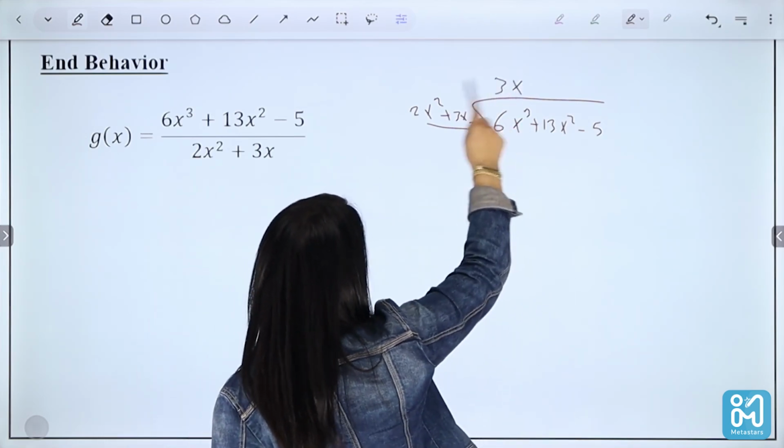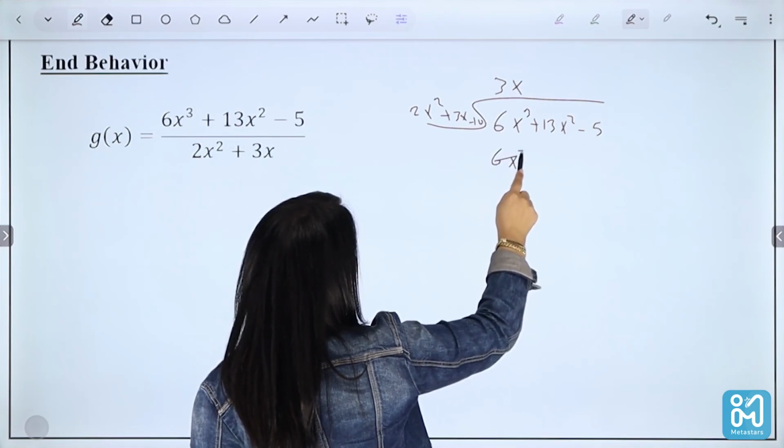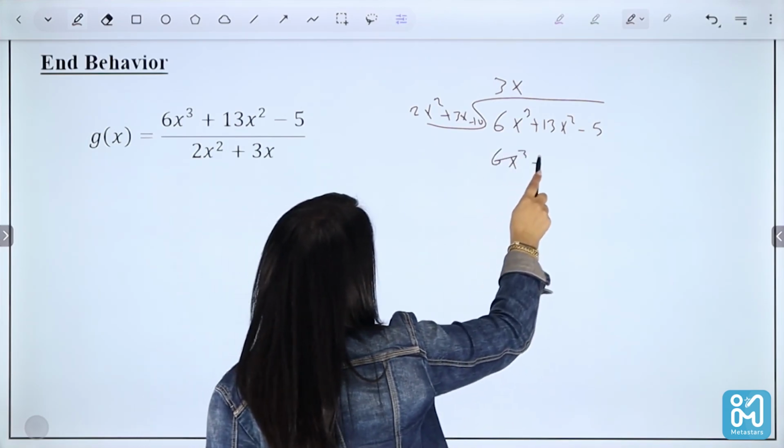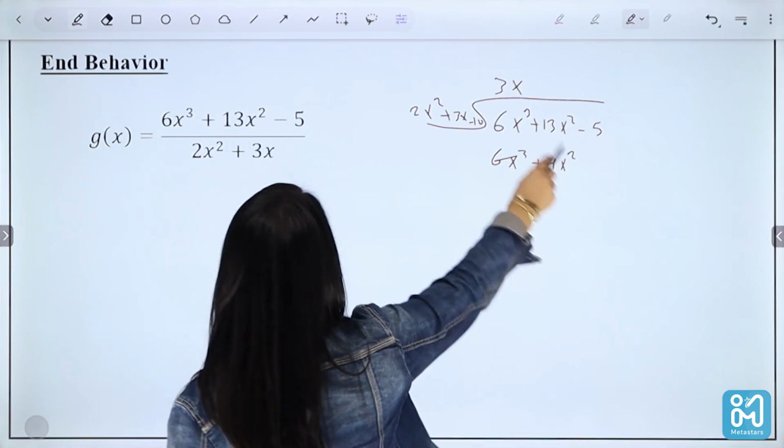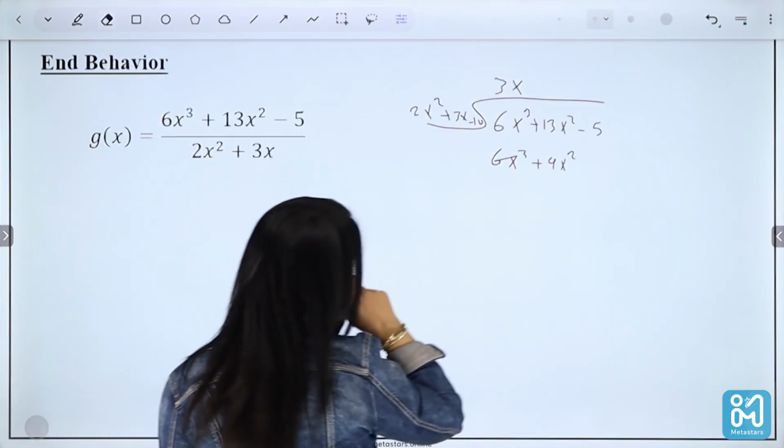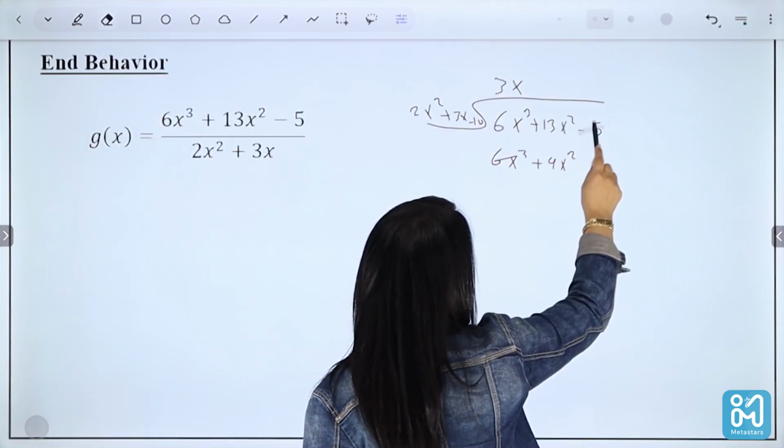It will be 3x. So 6x³ here, then plus 9x². Actually, we have to add the 0 up here, plus 0x minus 5.